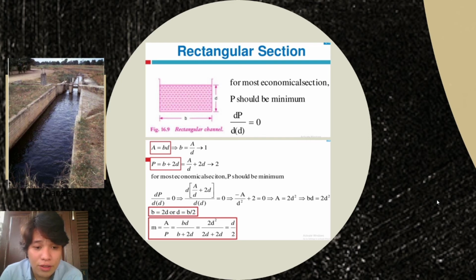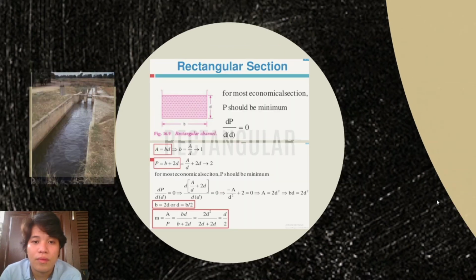For the hydraulic radius, R is equal to A over P, and since A is bd and b is equal to 2d, we came up with 2d squared. For the perimeter, b plus 2d, and b is equal to 2d, so we came up with 2d plus 2d. So the lowest form of the equation is R equal to d over 2 for the rectangular section.